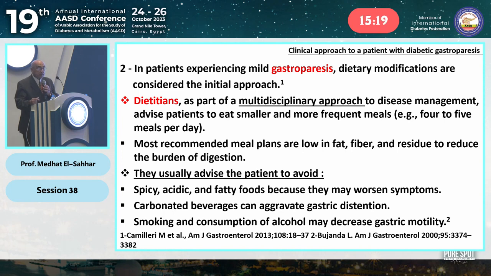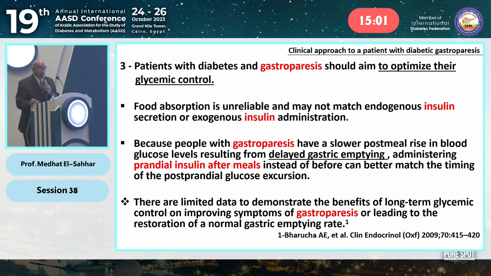In patients experiencing gastroparesis, there is the multidisciplinary team, and the dietitian is very important with that. Usually, they ask the patient to take small frequent meals. Usually, they ask him to avoid spicy, acidic, and fatty foods. My role here, as the diabetologist, is to treat the cause.